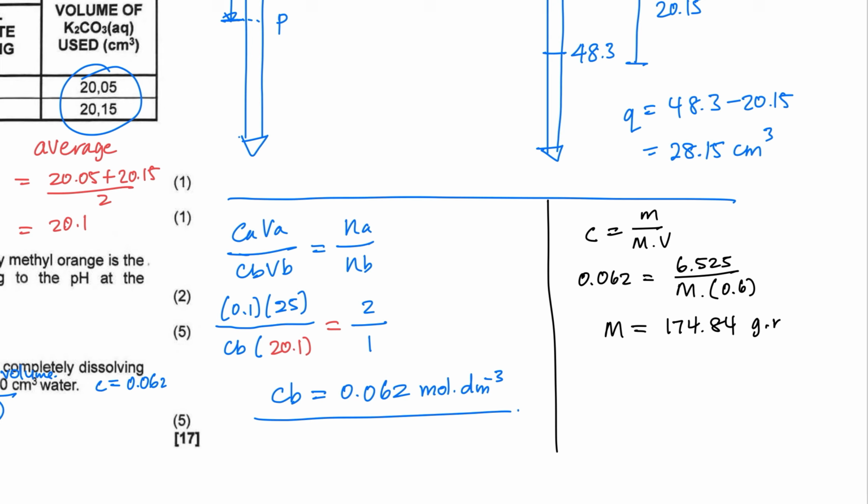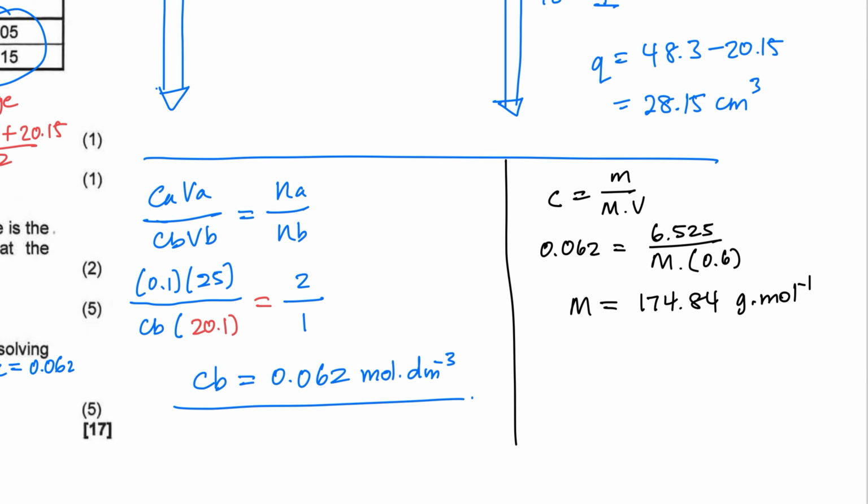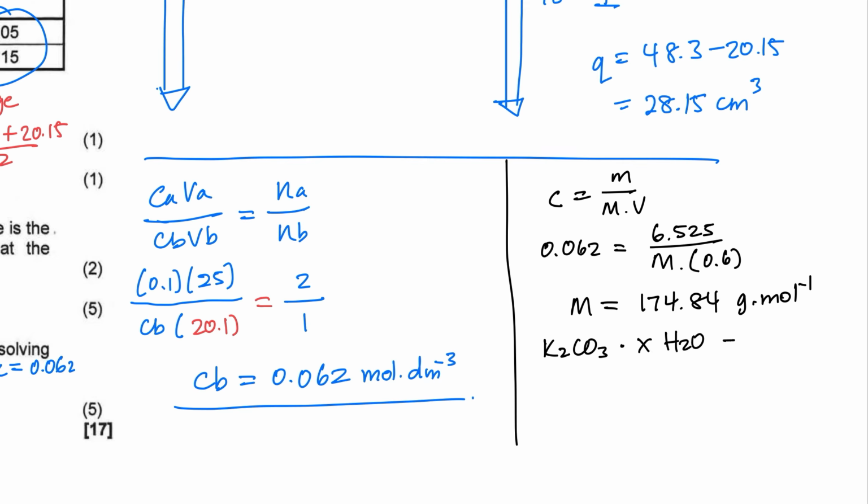So the molar mass is equal to 174.84 grams per mole. Now we can use this to calculate how many waters there were if we start subtracting the different things. We know that potassium has a mass of 39. So K2CO3.XH2O, the mass of that is 174.84.